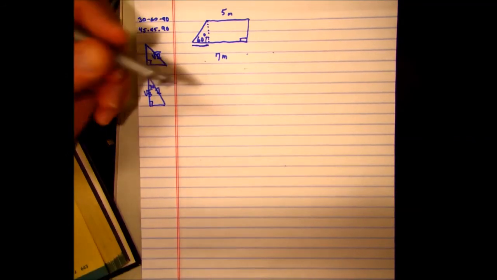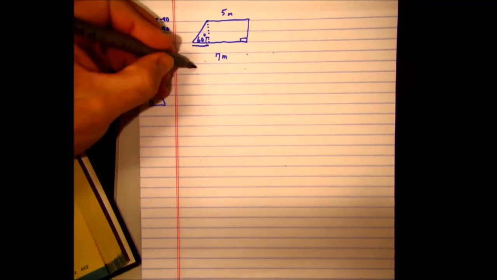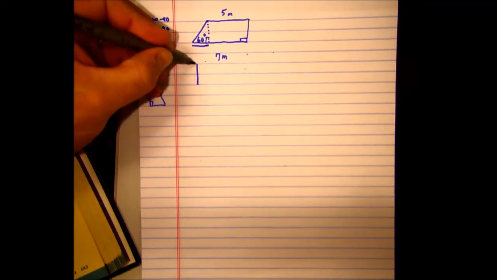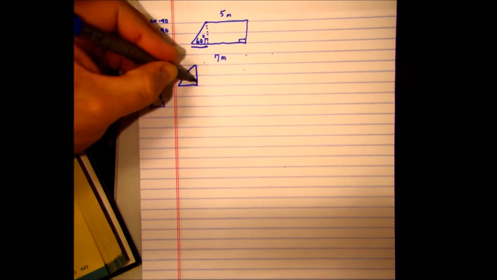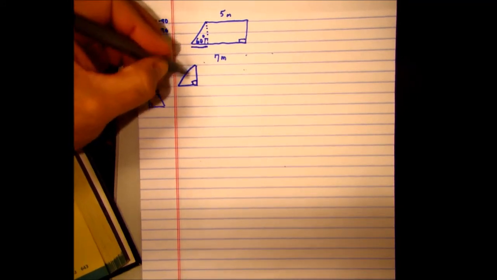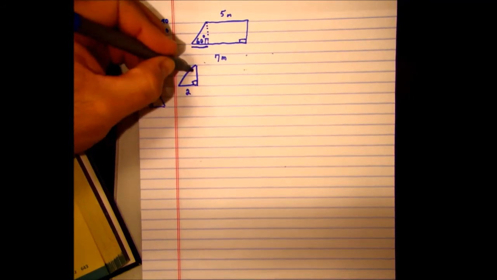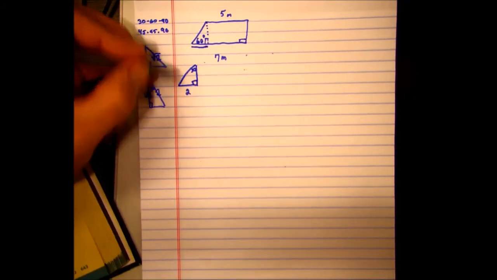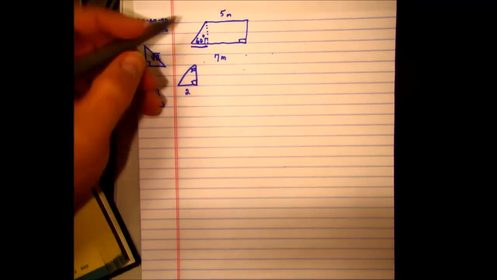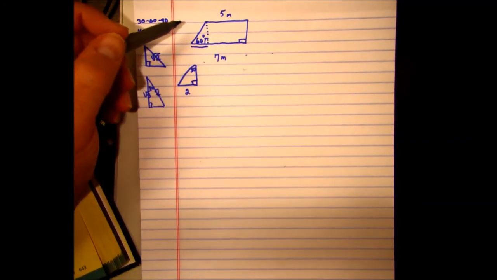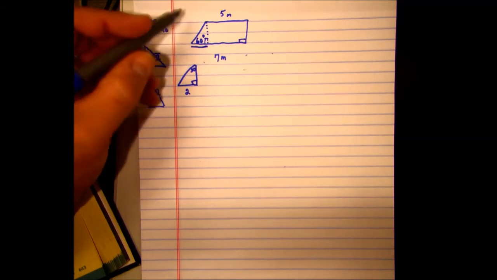So what do I tell kids? Separate the triangle work from everything else. And when you separate the triangle work, you're going to know, oh, well, this is 2. And that's the small leg, right? Because 30 is up here. So that means everything else I'm going to get by multiplying. If I needed to find the perimeter, I would need the hypotenuse, but I don't.